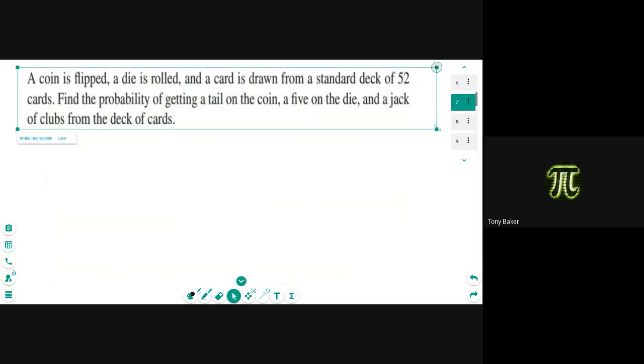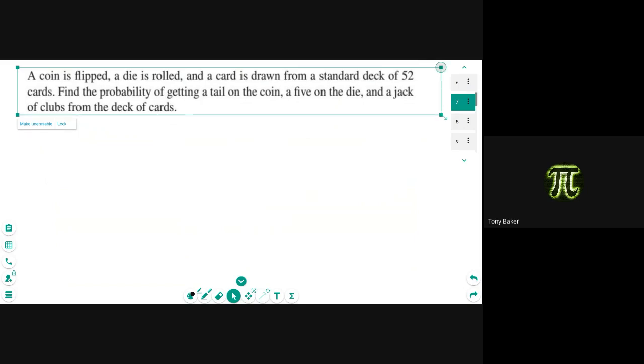All right. So you're playing a game. A coin is flipped, a die is rolled, and a card is drawn. So what's the probability? The first thing we have to ask is, does any of the three events impact the future events? No. If I flip a coin, it has no impact on the die.